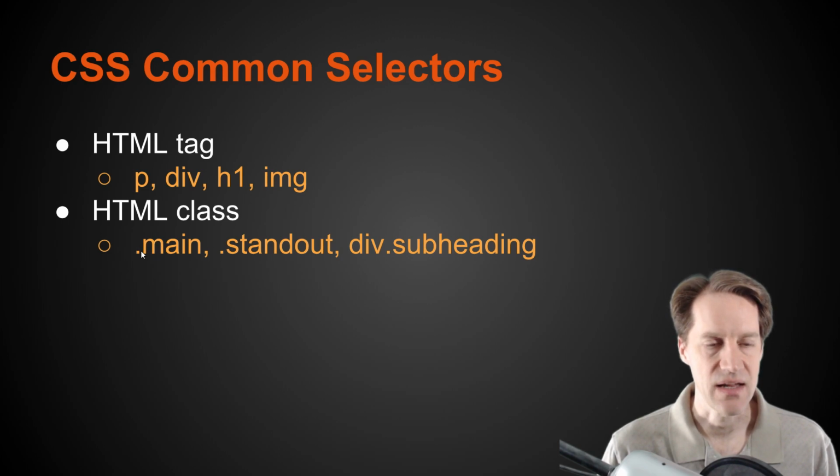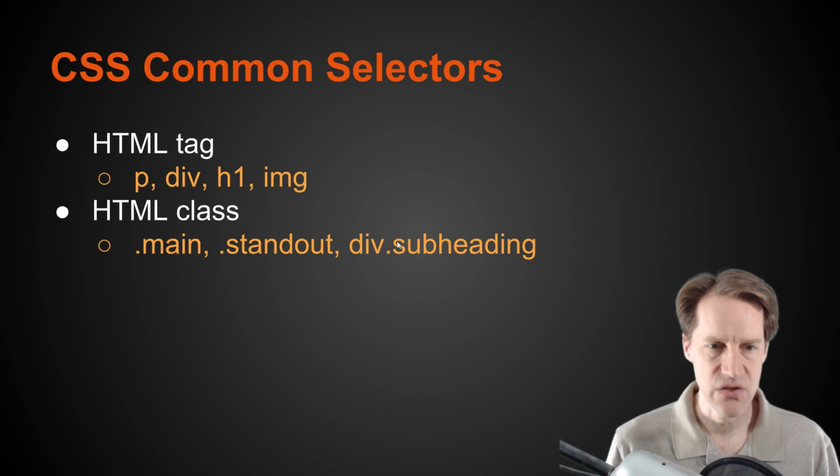It's going to do any element with a class of main. This is another example, any element with a class of standout. But if you only want those divs that have a class of subheading, you could use this selector here. So you can use a class, and this is probably the most common use case.